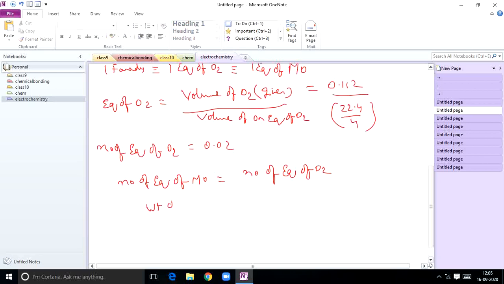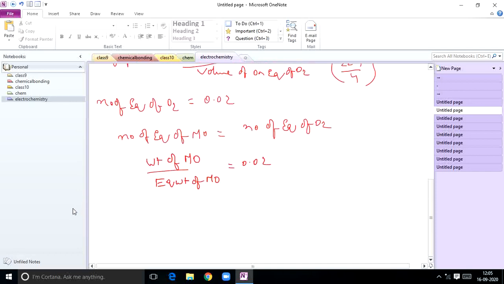Weight of molybdenum divided by equivalent weight of molybdenum, that is equal to 0.02. So what is the weight of molybdenum given here?